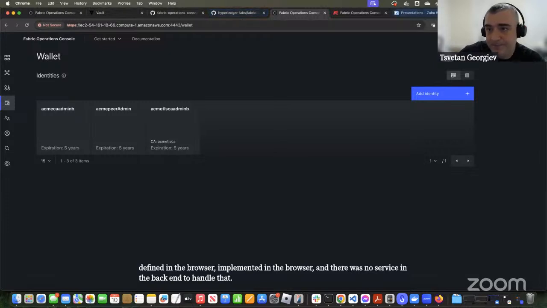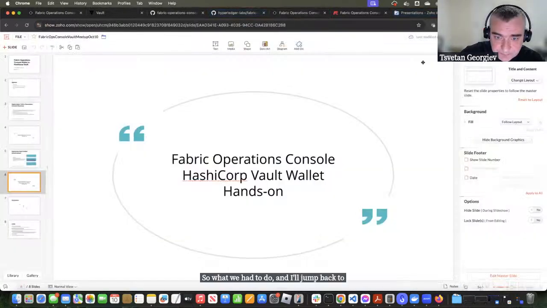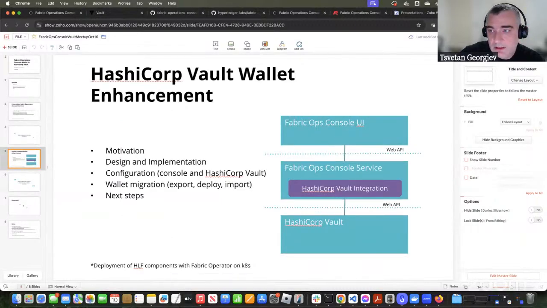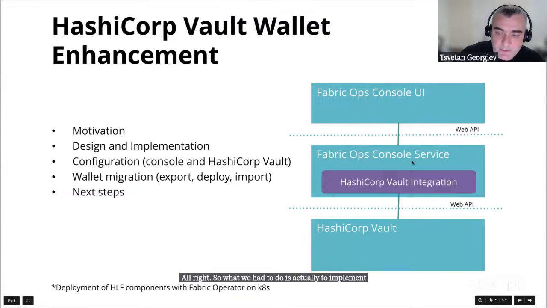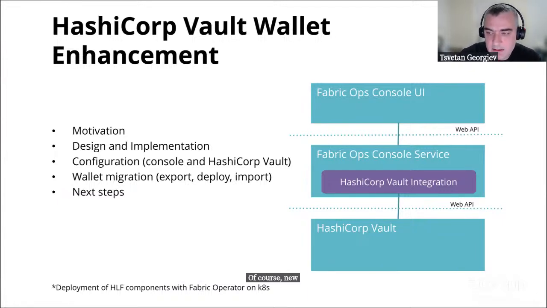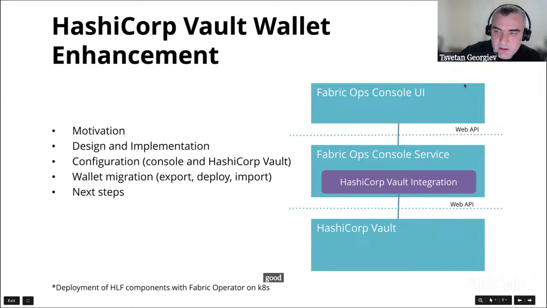So what we had to do, and I'll jump back to the presentation, is implement as part of the console backend service a new set of APIs that exposes the wallet as a backend service, so that the console UI, instead of managing the wallet inside the browser, could call a web API to let the console backend service do the management of the identities.